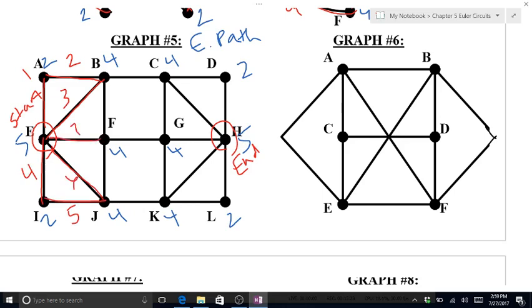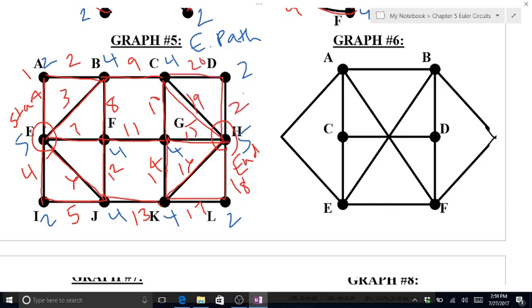Across to F is 7, here's 8, over to C is 9, down to G is 10, across to F is 11, down to J is 12, across to K is 13, there's 14 up to G, across to H is 15, down to K is 16, across to L is 17, up to H is 18, to C is 19, to D is 20, and down to H is 21.